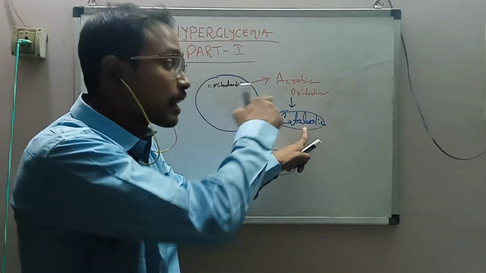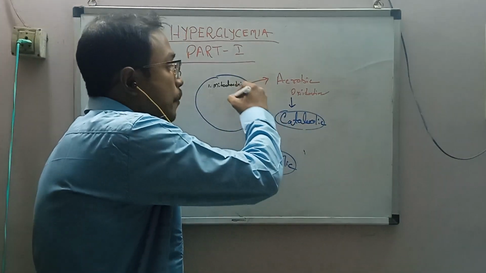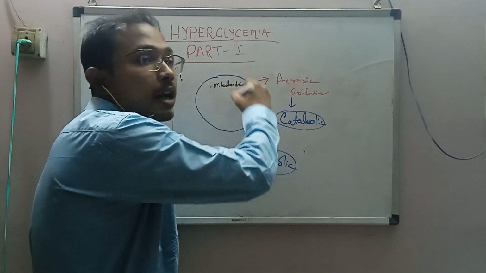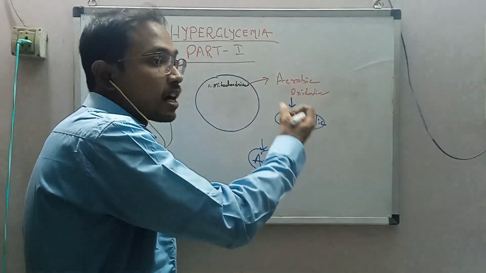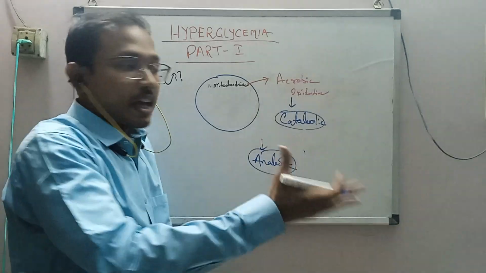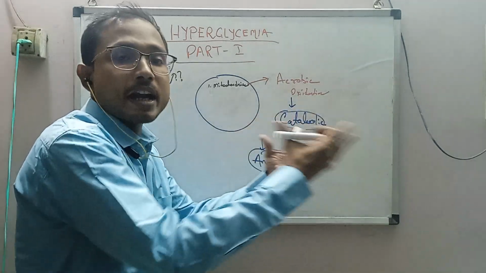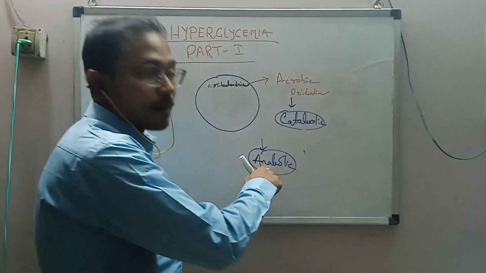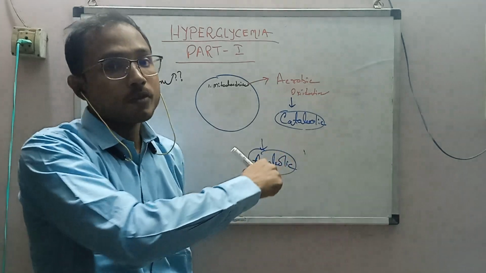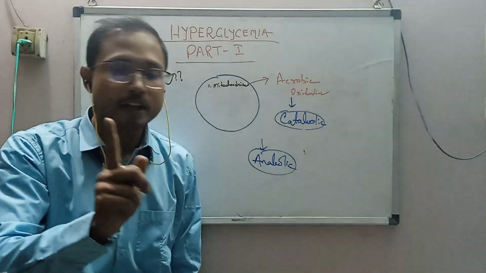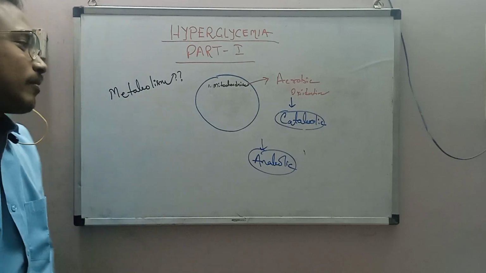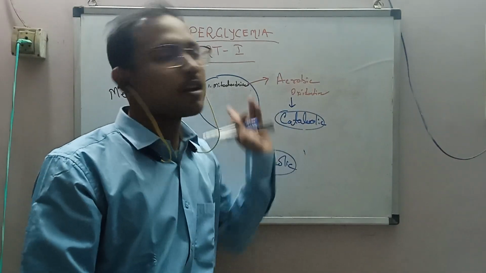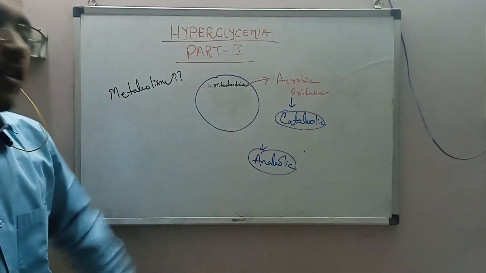Catabolism means the breakdown of cellular fuel. In catabolism, energy is liberated, but in anabolism, energy is consumed. Very carefully understand these concepts. I think you are familiar with all these concepts. I am now going to the further approach.